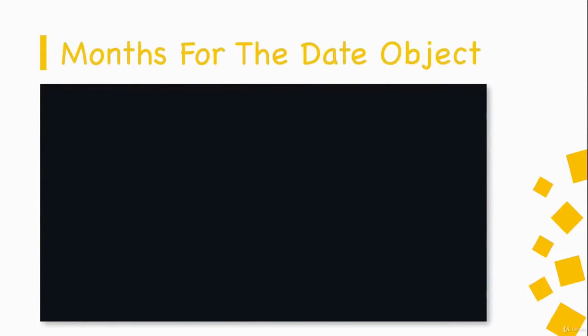Now when defining months for the date object in JavaScript, you have to remember that in JavaScript, the months start from 0 all the way up to 11 and not from 1 to 12 like we usually use. So in this case, January is actually 0, February is 1, and so on. So it's helpful to take a look at a table with all these index numbers.